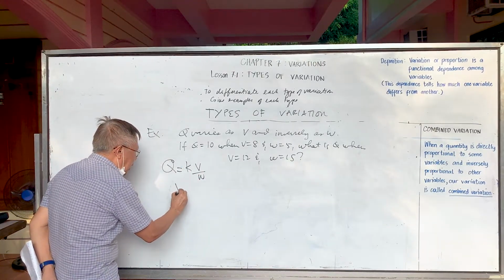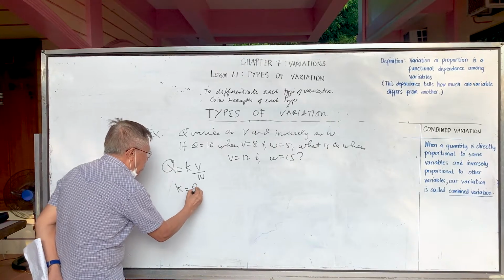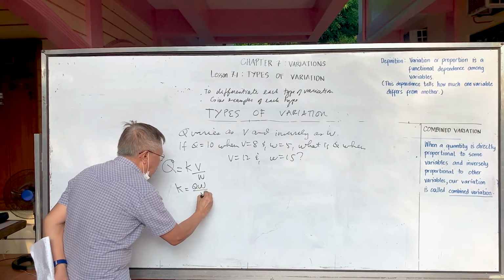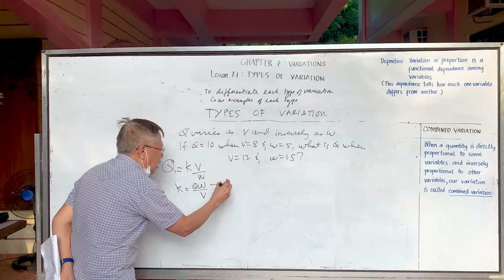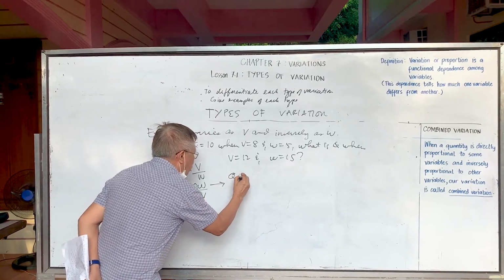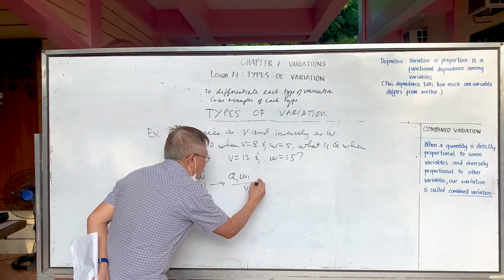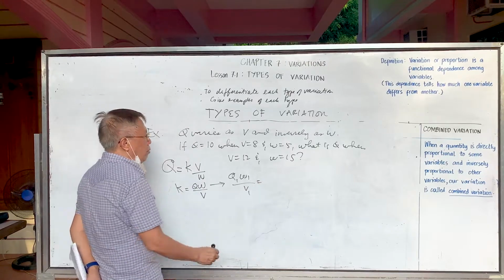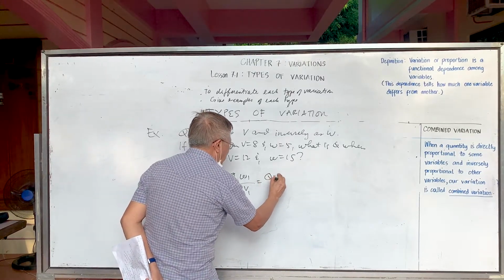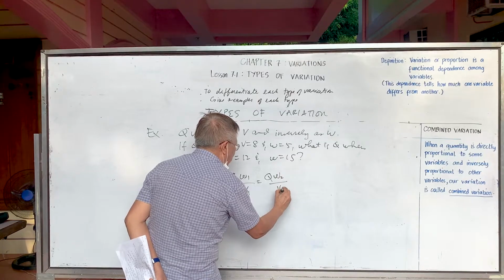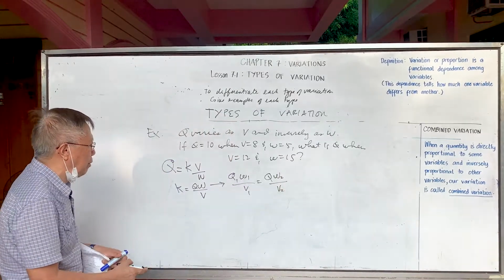If I solve for K here, I will get here Q times W all over V. Then, this is my basis for solving the problem. Q1 W1 over V1 is the first situation. And QW2 over V2 will be the second equation.